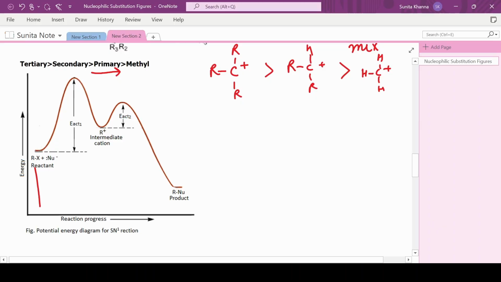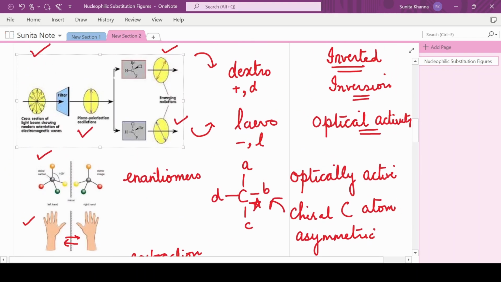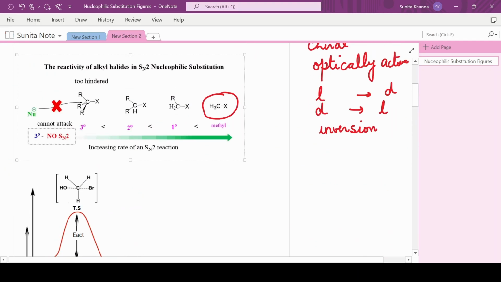So this is all about the SN1 and SN2 mechanisms. Remember the trend followed: tertiary, secondary, primary and methyl is the decreasing favor of the SN1 mechanism, and the opposite of this, methyl, primary, secondary and tertiary, is the increasing ease of the SN2 mechanism.